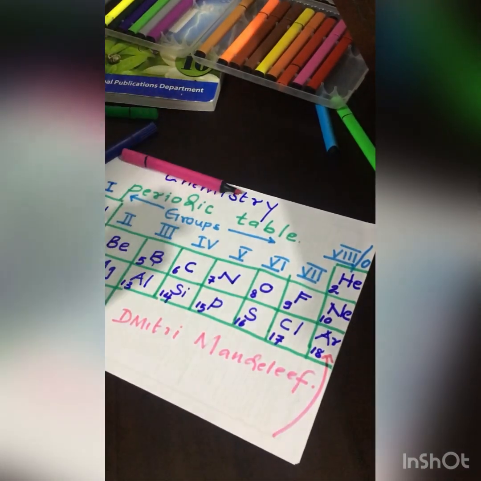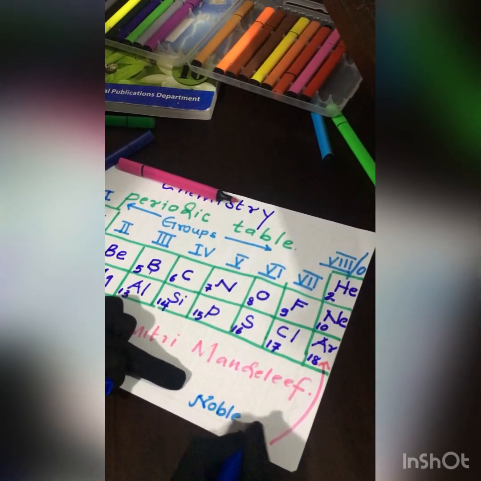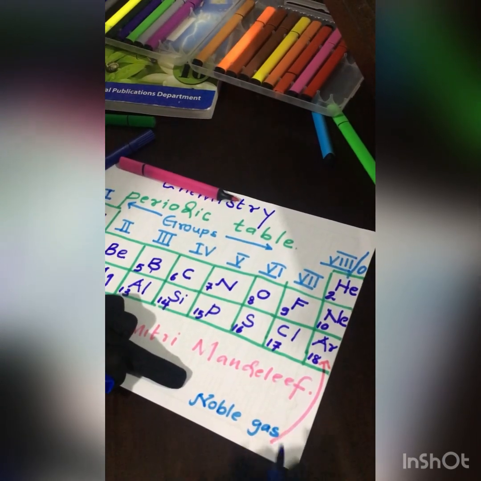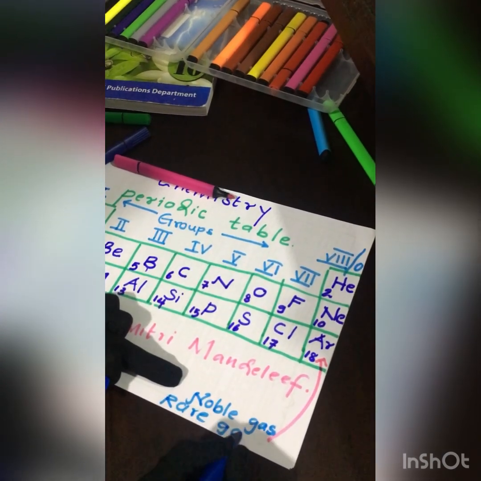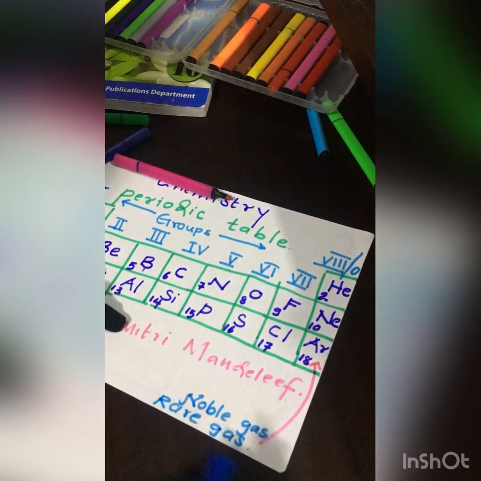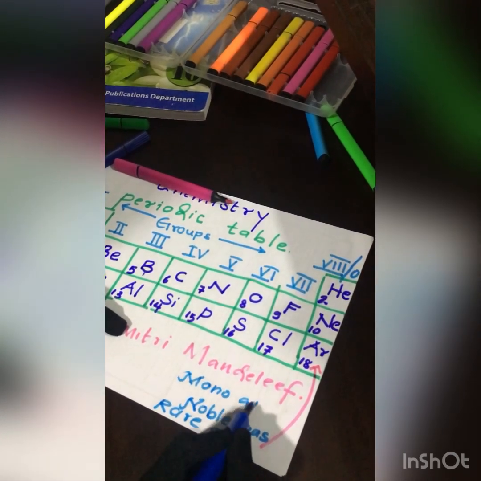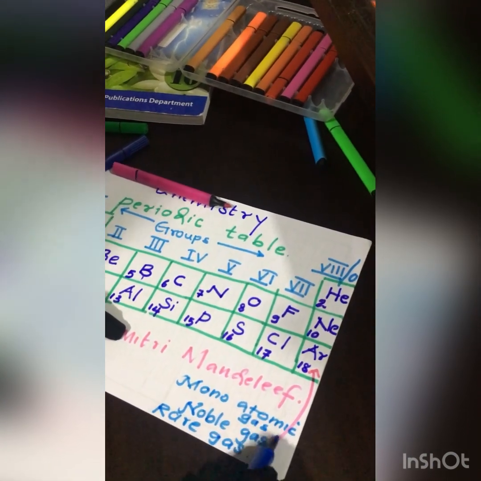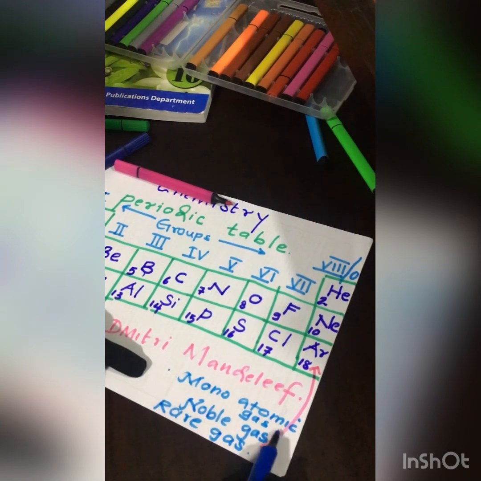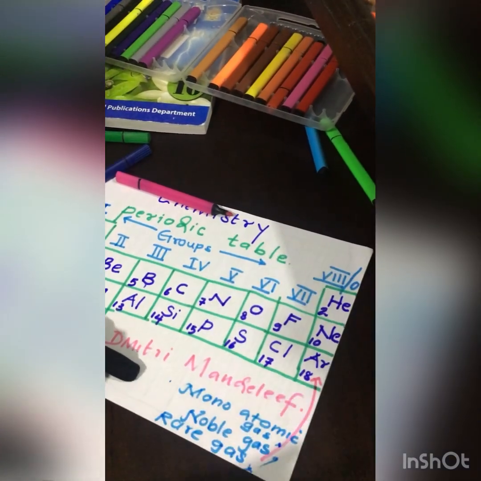That is, we say as noble gas, rare gas, sometimes we even say as monoatomic gas. So there are 3 special names I have given for this group 8 or 0th element.